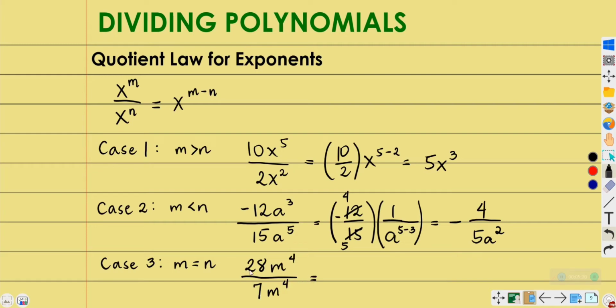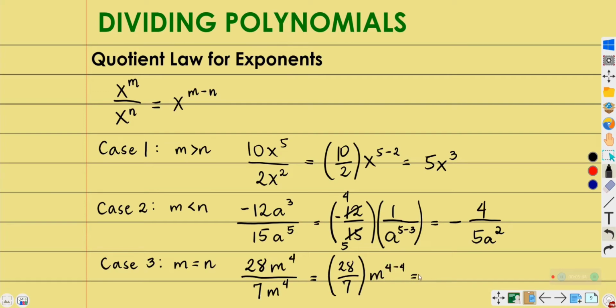Okay? So, as usual, we are going to divide 28 by 7 separately and perform the quotient law dito. Ano? So, di ba magiging ano siya? m raised to 4 minus 4.